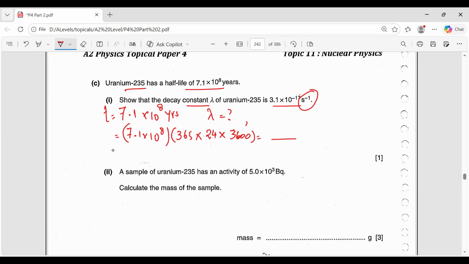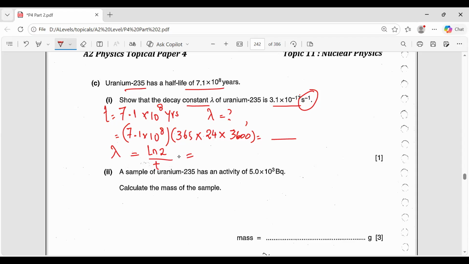Okay, next, whatever this value is, we are going to use the formula to find out the decay constant. We know that decay constant is equal to natural log of 2 divided by time of half-life. We have just derived it previously. So we need to find out this lambda.